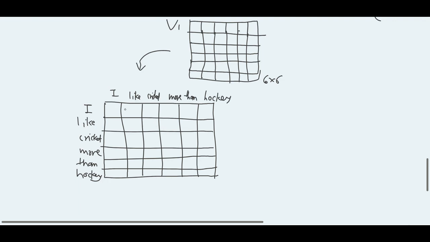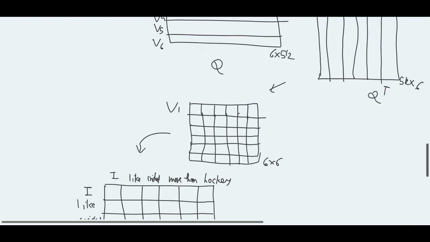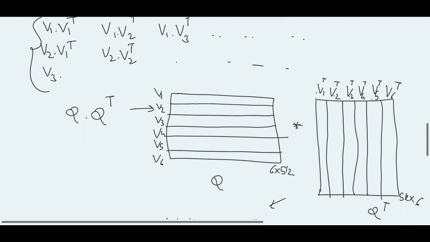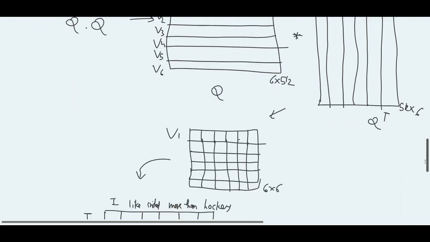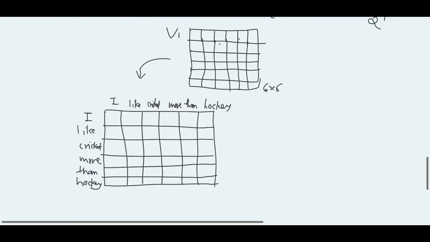So now you can see that this similarity scores matrix represents the similarity scores of each word with the other word. So this was the dot operation we performed, right? We performed the dot operation of v1 with every other vector, and this is what we got.